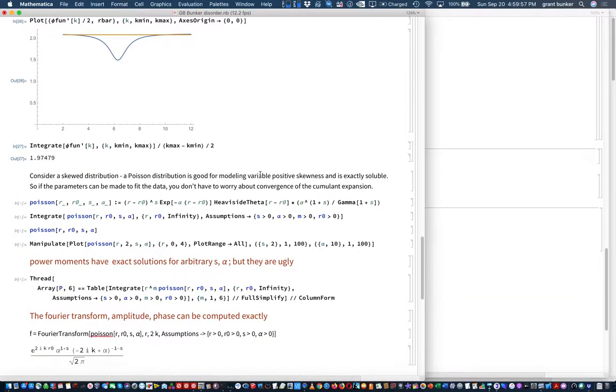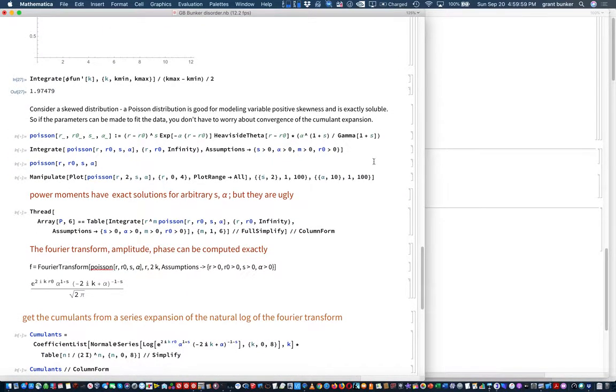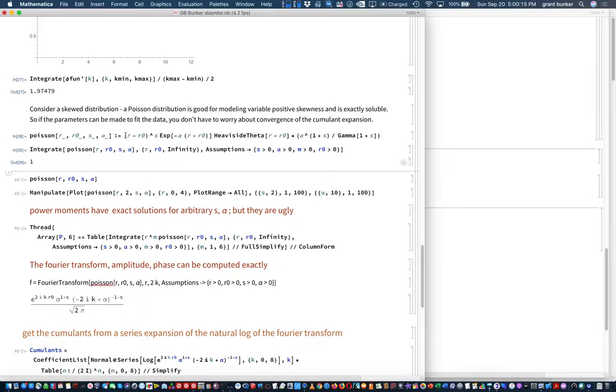All right. So if you have a skewed distribution, one that's skewed outward in particular, that's what this is set up for. There's a very nice distribution that's basically of this form.